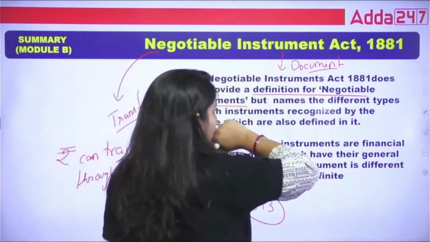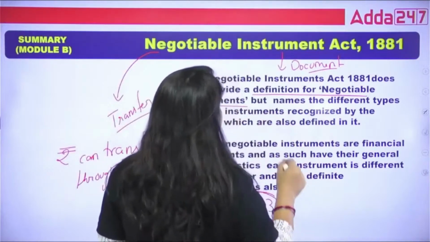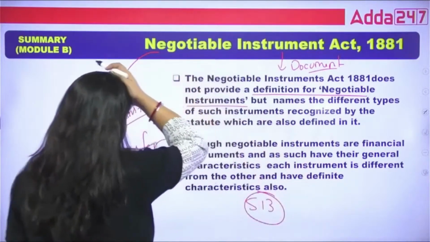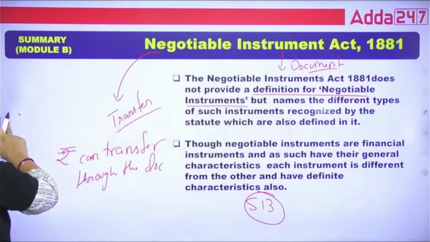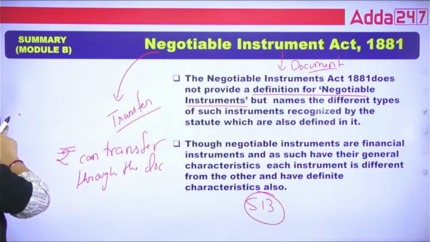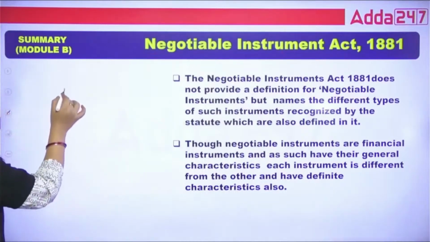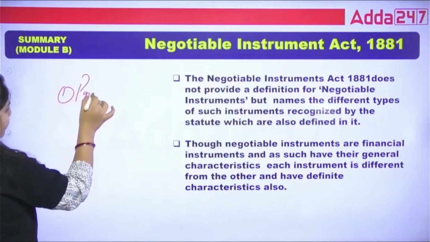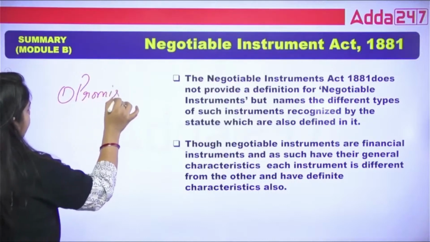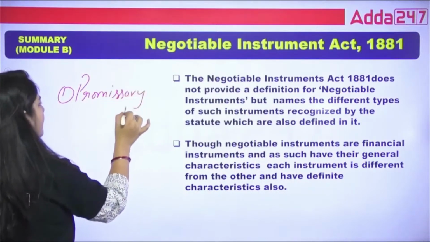But name the different types of instrument recognized by this act. What are the different types of instrument? First is promissory note.